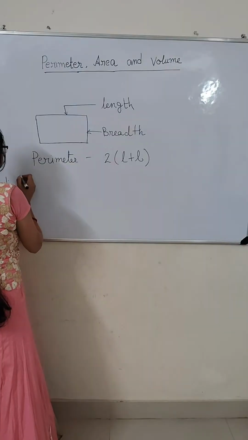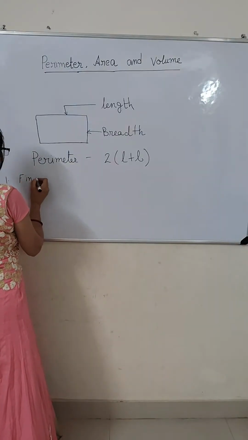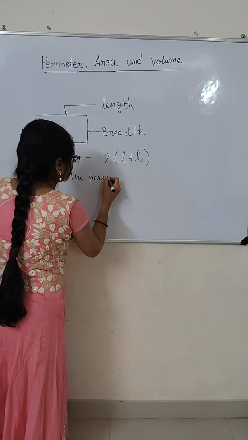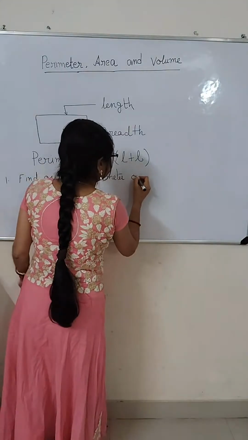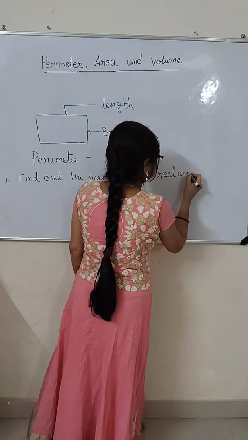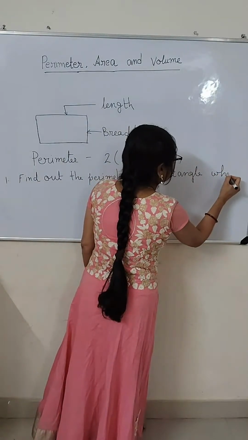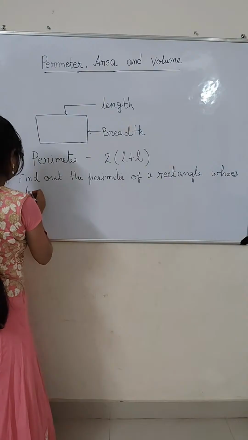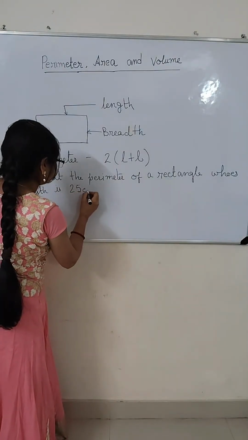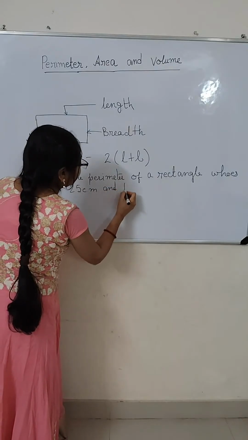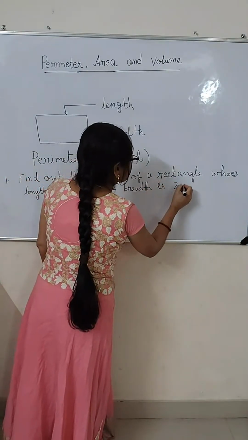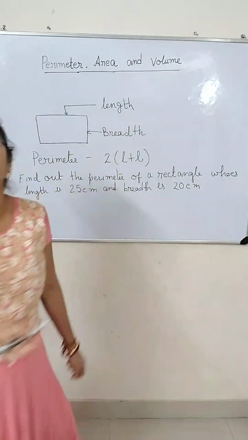First one: find out the perimeter of a rectangle whose length is 25 centimeter and breadth is 20 centimeter. First copy the math from the book, then we will start.